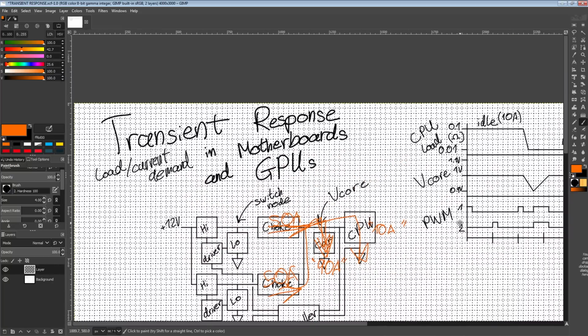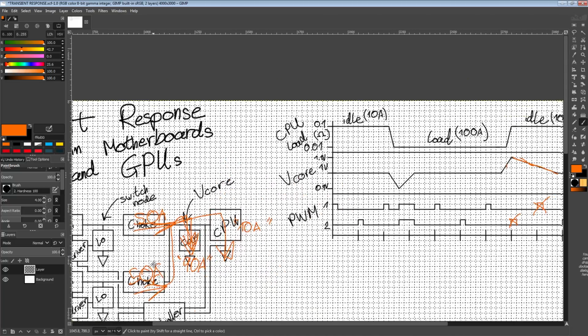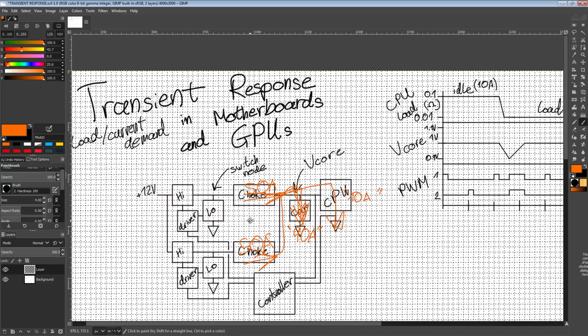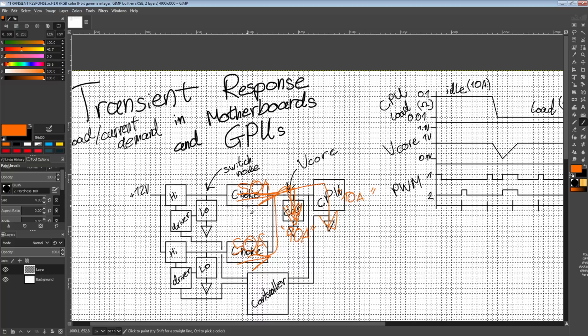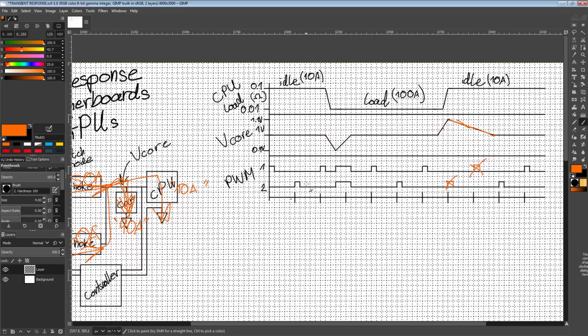So anyway, that kind of covers the basics of transient response for buck converters. There are design alterations that I'm going to talk about in another video that can be done to try to improve this. There's also a bunch of fancy control tricks that can be done, which I'm not sure I'm going to talk about because a lot of them are extremely proprietary to the various voltage regulator manufacturers.